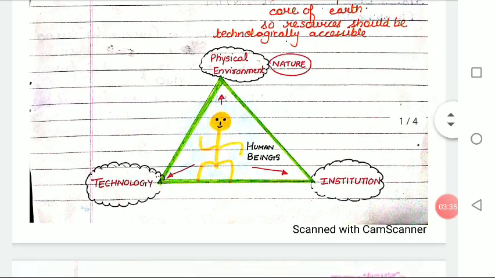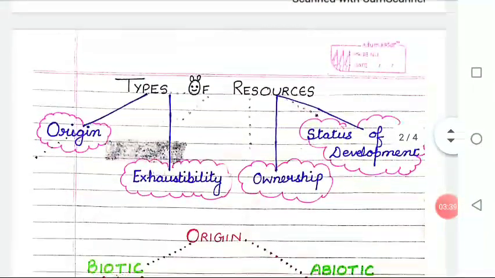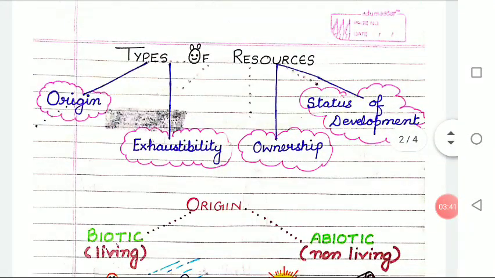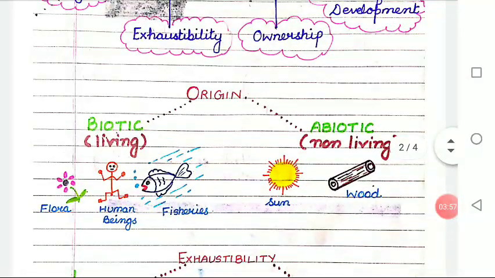Now resources can be classified in the following ways. See the flow chart, types of resources. We have divided resources on the basis of origin, exhaustibility, ownership, and the status of development. On the basis of origin, we have divided resources into biotic and abiotic.